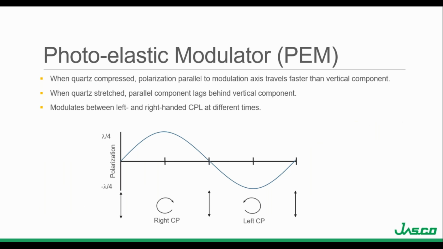When the quartz is compressed, the polarization parallel to the modulation axis travels faster than the vertical component, and when the quartz is stressed, the parallel component lags behind the vertical component. So basically, it modulates between left and right-handed circularly polarized light at different times.